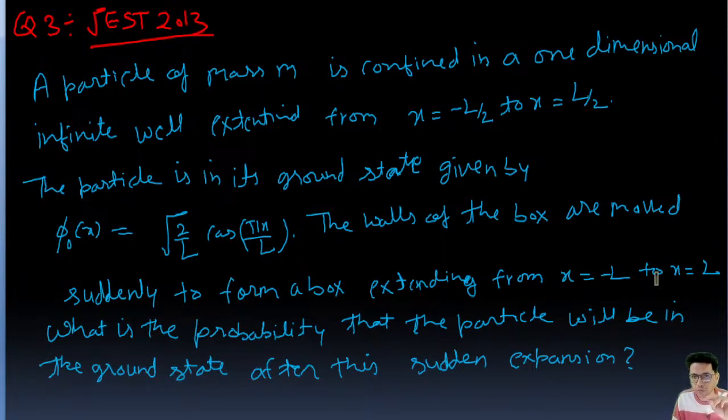Now what we have to find is the probability that the particle will be in the ground state after this sudden expansion. We need to find the probability of finding the particle in the extended box.